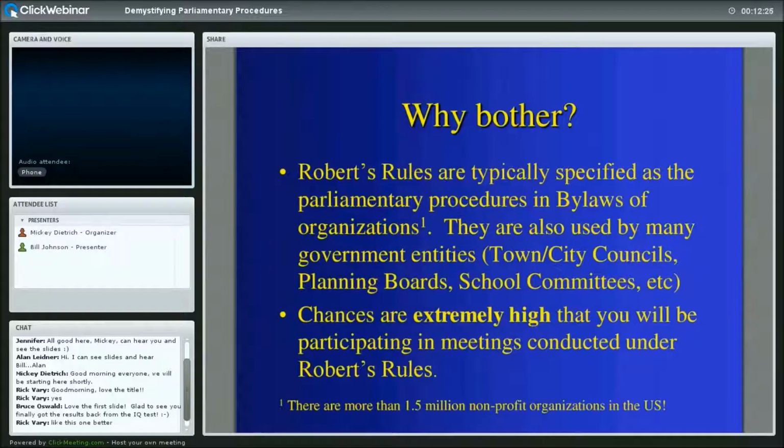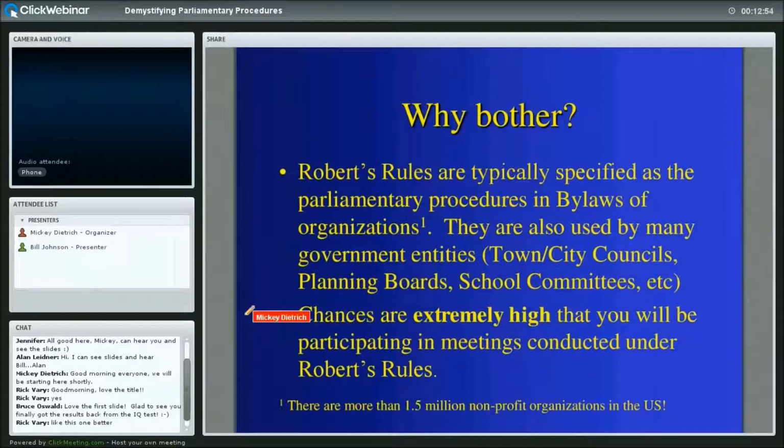So if you want to know how to be a participant in those things, you really need to know Robert's Rules. And to me, it's one of those life skills, like good table manners. Knowing how to participate in a Robert's Rules meeting is something you're almost assuredly going to need to know, and yet a shockingly low percentage of people that show up at these things actually do know the rules, and it's kind of a shame.